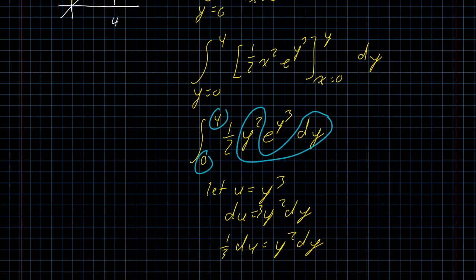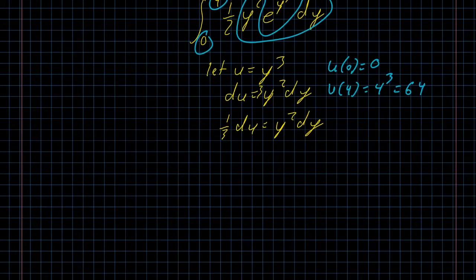I've always been a fan of changing my limits of integration when I do a u substitution. u of 0 is 0. u of 4 is 4 cubed, which is 64. And so my integral now is going to be the integral u goes from 0 to 64 of 1/6 e to the u du.